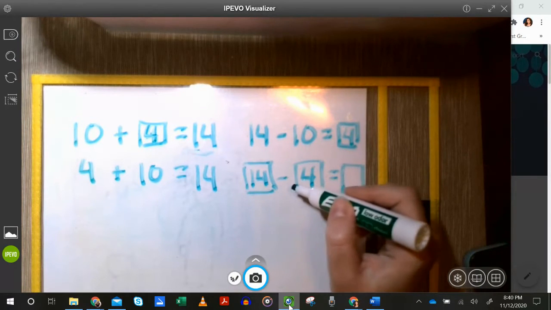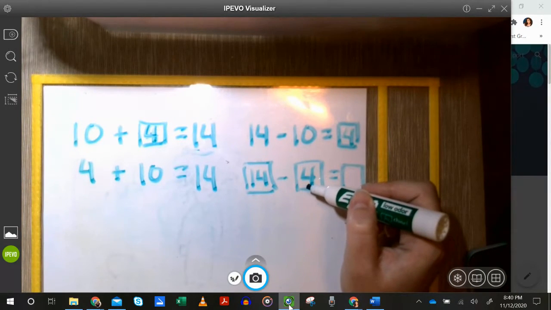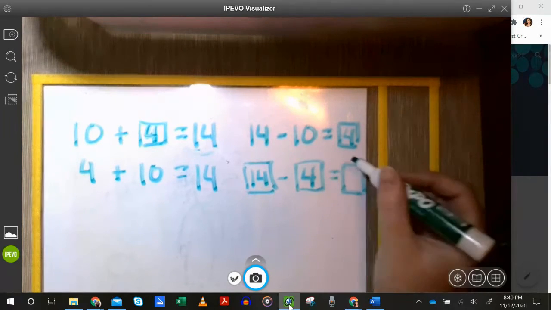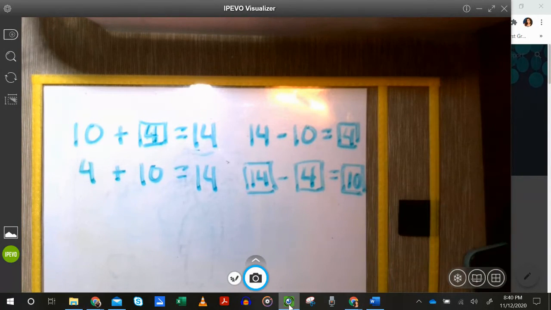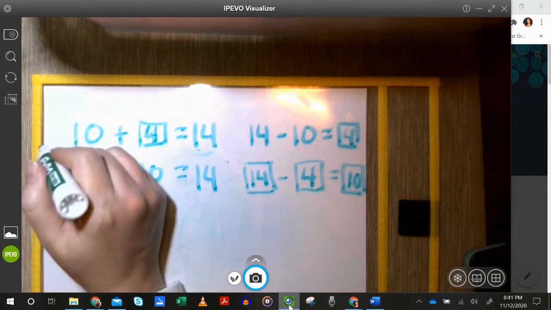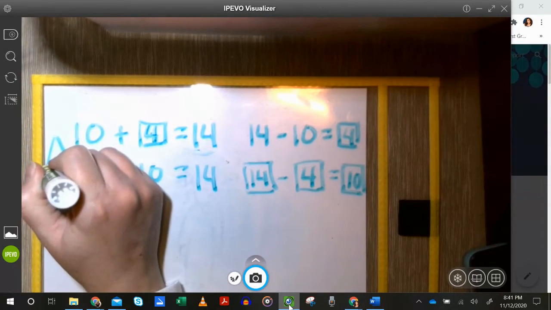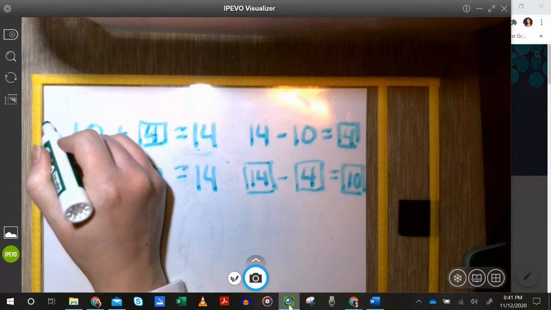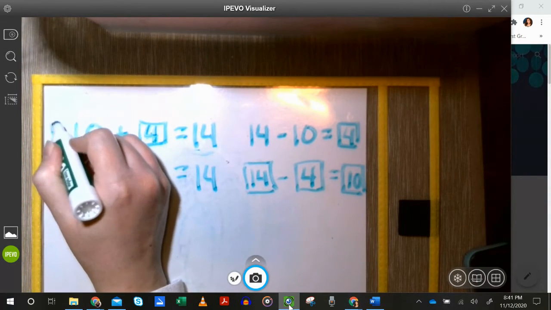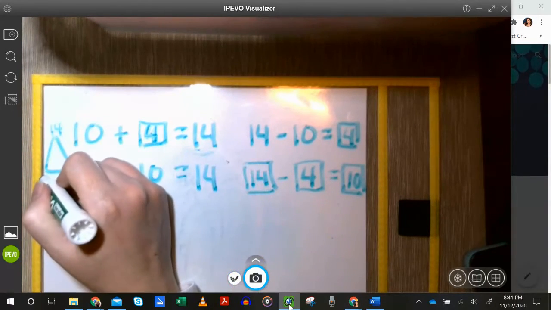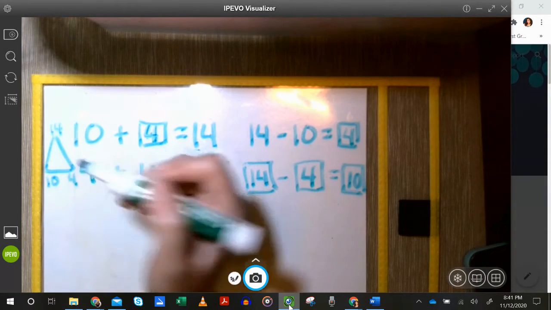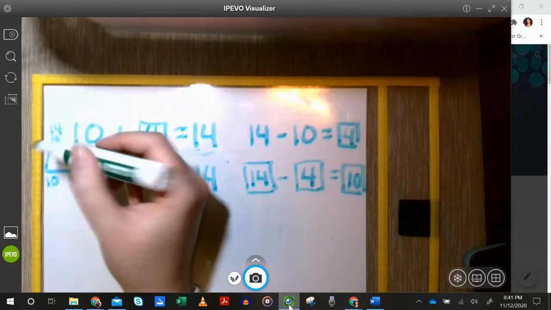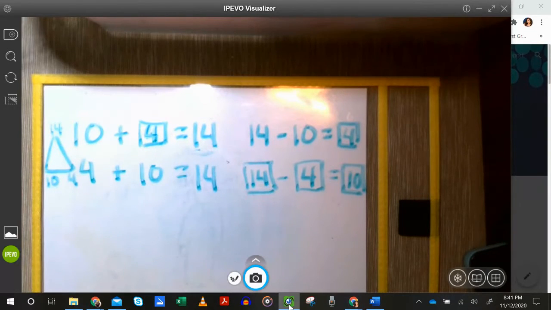Okay, so if we have 14 and the 4 goes to run an errand, who's going to be left? The 10. Okay, so we could look at this and we can think, hey, I'm going to just draw their house or just the roof of their house and think, this is the 14 family because I have a 10 and a 4 that come together. So they're going to make the 14 family.